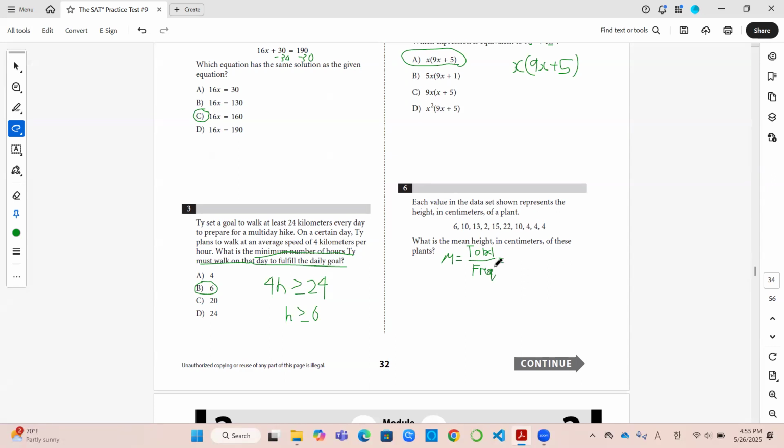So we have 1, 2, 3, 4, 5, 6, 7, 8, 9, 10. Let's just add all of these up and then divide by 10, and you'll get 9. So when you want to get the mean of the height, all you got to do is add all of these values up and then divide by the number of plants. So let's divide by 10.